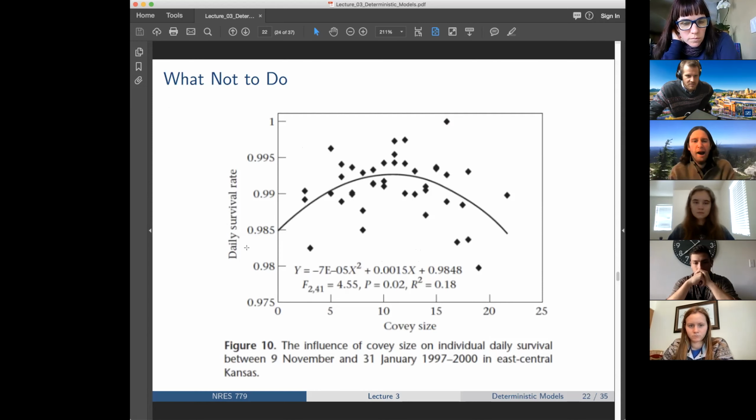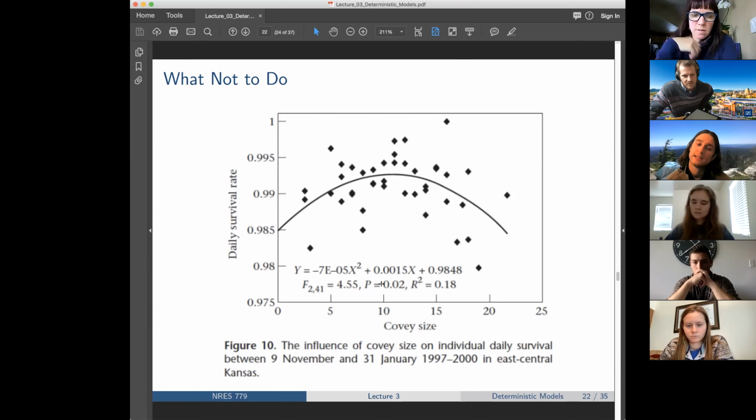We have daily survival rates between 0 and 1, but we still use this simple linear regression model. We're just going to add our covariates. We have x and x squared. So this is beta 0, our intercept. Beta 1 would be 0.001 times x, and then beta 2 is negative 7 times 10 to the negative fifth times x squared. That gives us this function here.